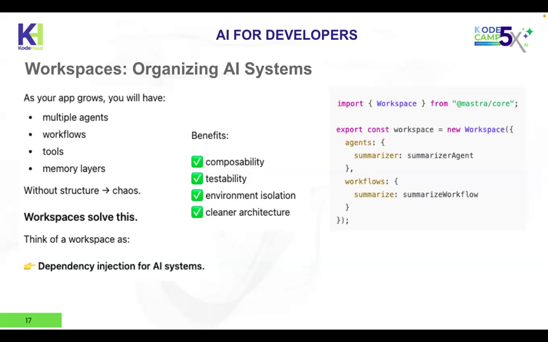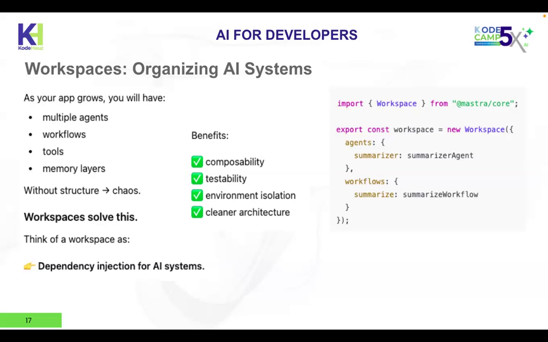And this is because, as your app is growing, you start having a lot more agents, right? And you have a lot of workflows, tools, memory layers, and so on. So if you don't have a way of organizing all of this, then you might begin to have issues. So workspaces allow you to organize things, right?